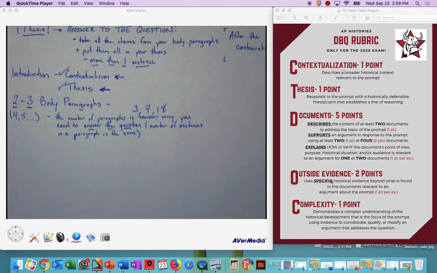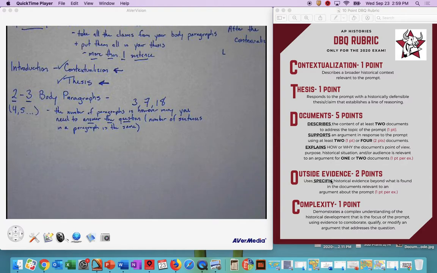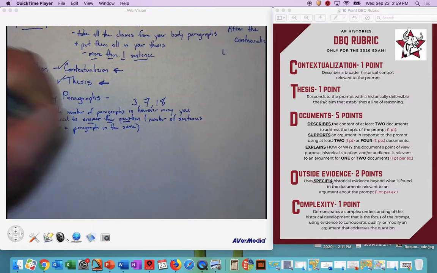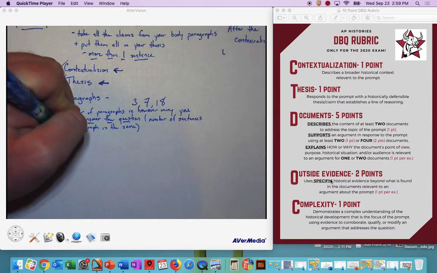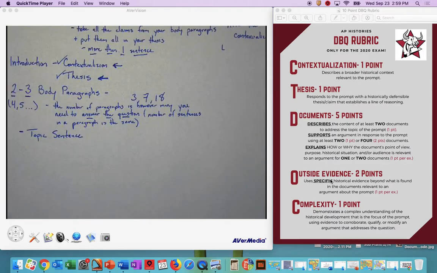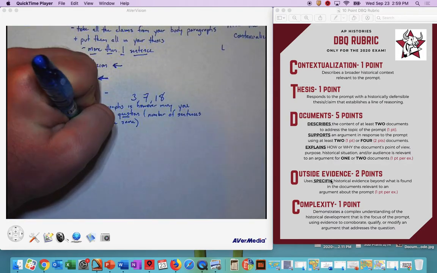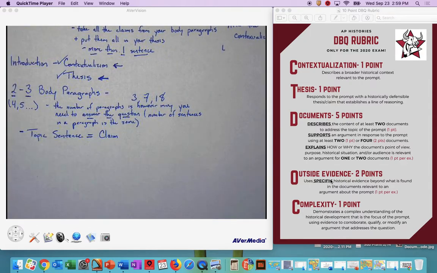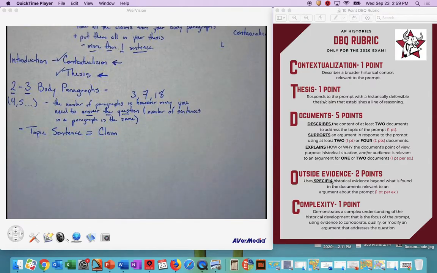So this is what goes into a body paragraph. The first thing you're going to write in a body paragraph is a topic sentence. A topic sentence is the same thing as your claim.